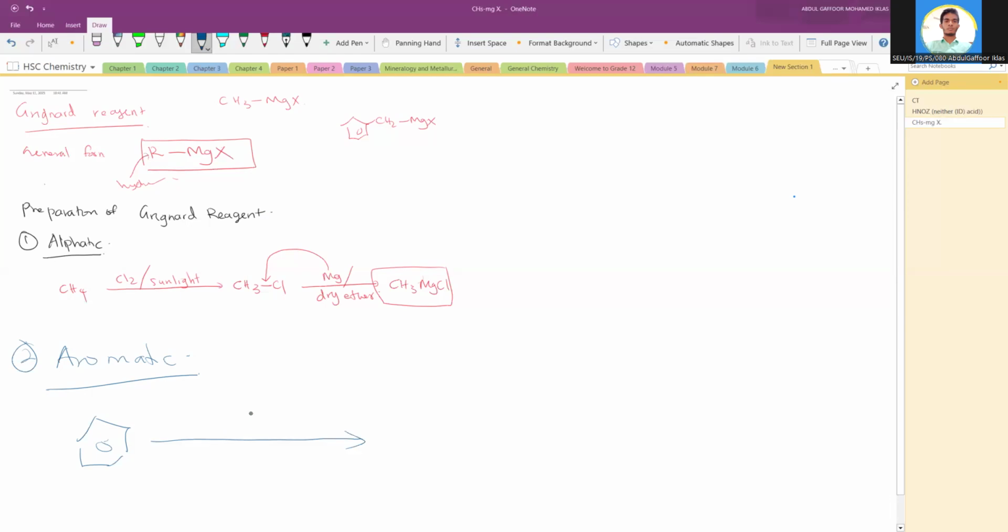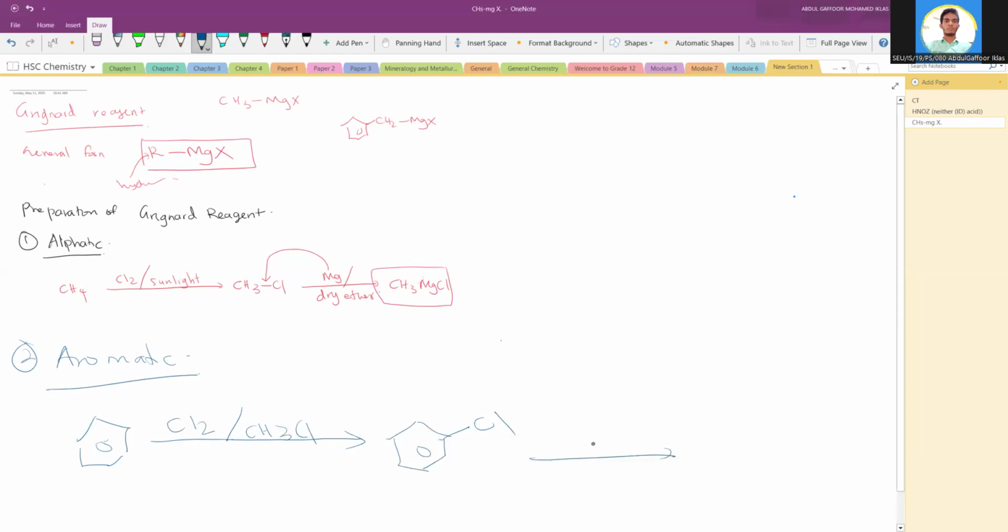Benzene can undergo only 4 types of reactions, which we will study. Here, if you put Cl2 and a catalyst, this is an electrophilic substitution reaction, and we get chlorobenzene.